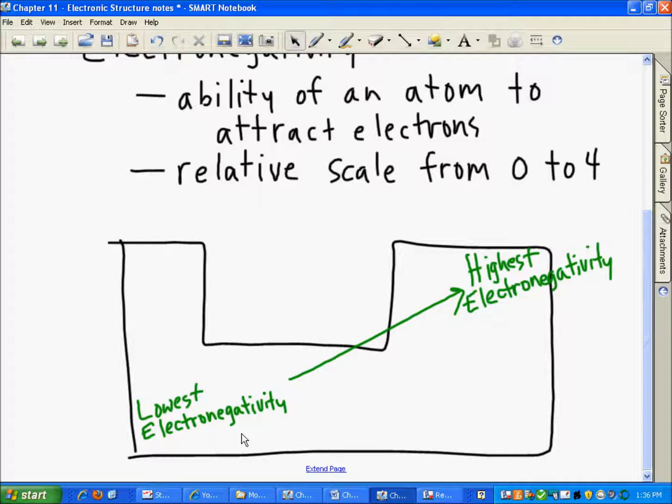In fact, however, if you've got one of those black periodic tables, which I notice you don't, Jennifer, but if you get one of the black periodic tables, I'll just wait a moment till you grab it. You'll notice that the electronegativity is actually on those black periodic tables.